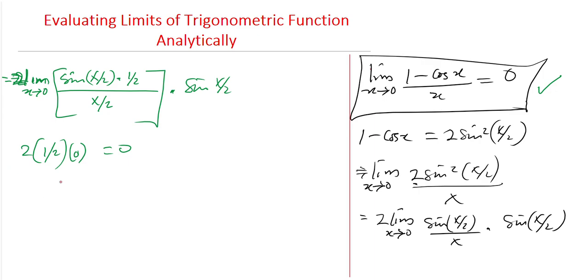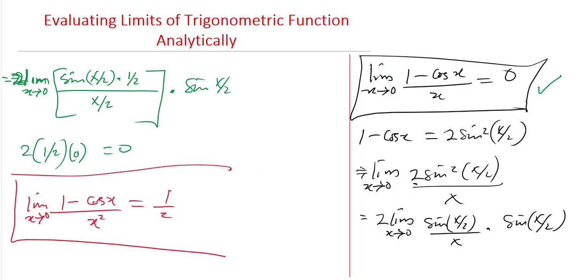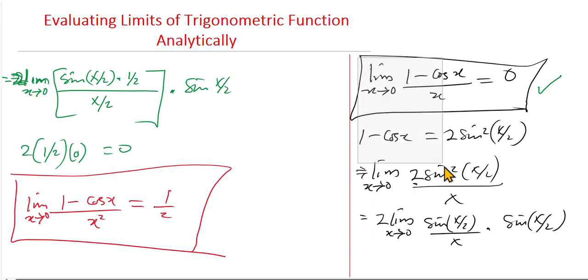Let's see the limit as x approaches 0 of 1 minus cos x all over x squared is equal to what? Now students would think this is 0 as well because the difference is just x squared, but the answer here is 1 over 2, and we are going to be deriving this, and you see how we got 1 over 2.